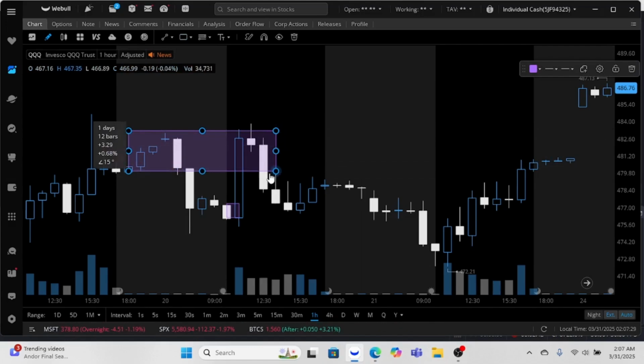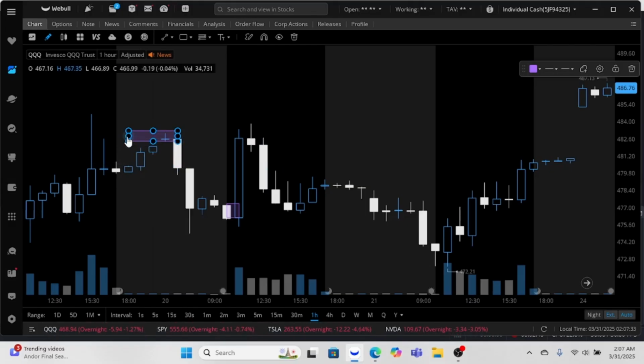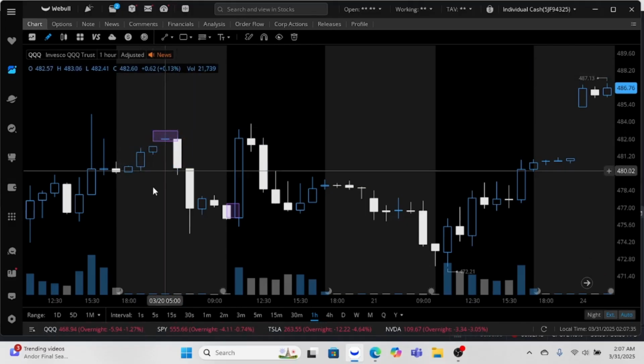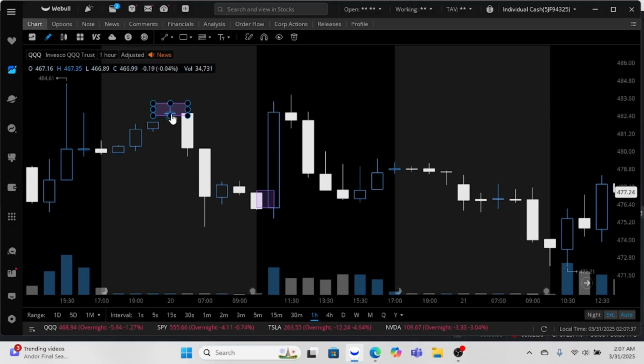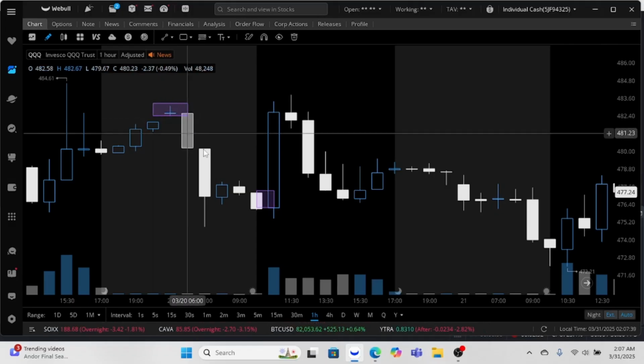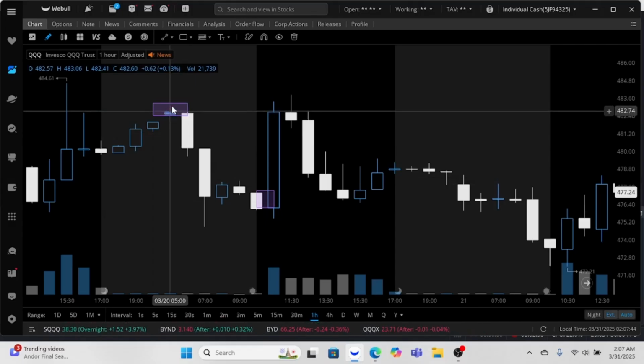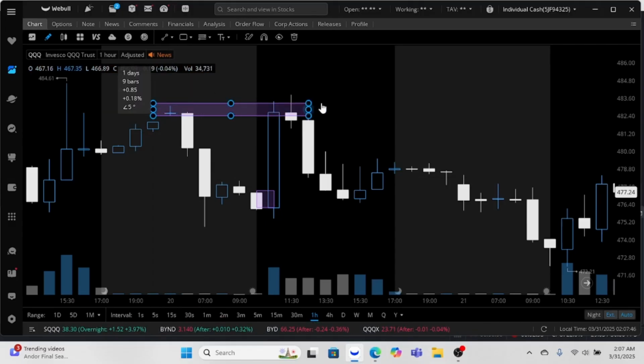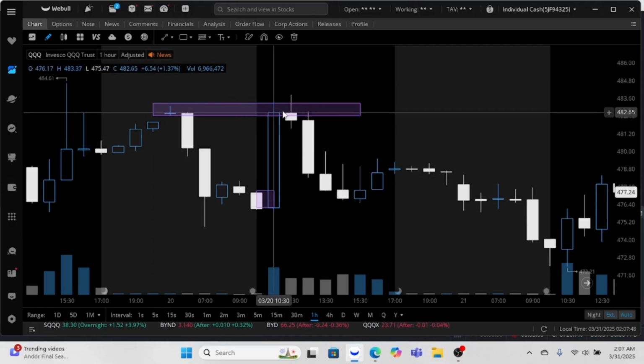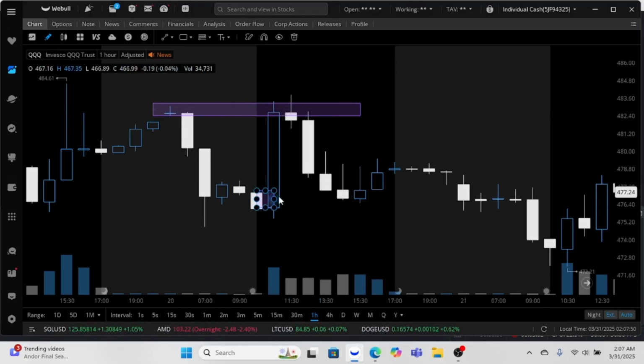But me personally, I just like to use the top candle. So we have this last up close candle before the move down, so that's going to be your bearish order block. And you see price came into the order block right here and reversed down.